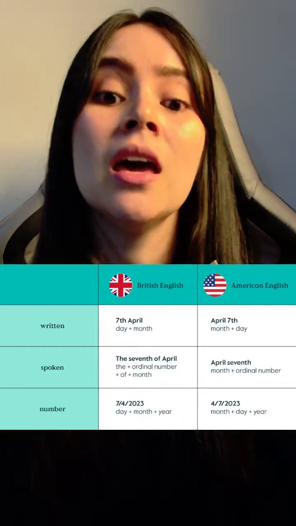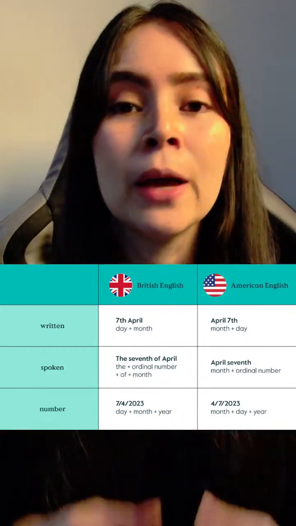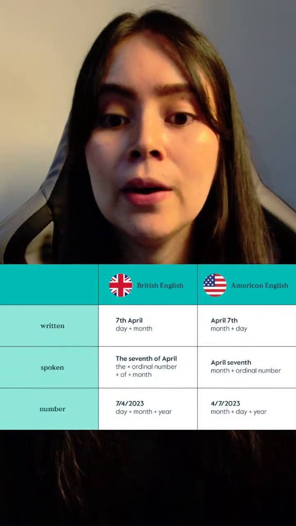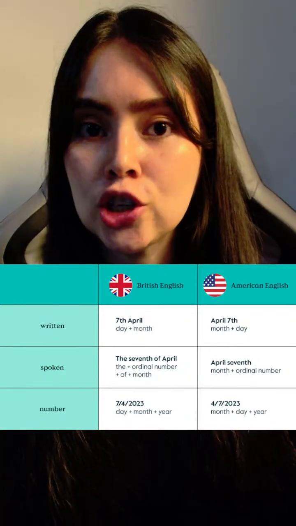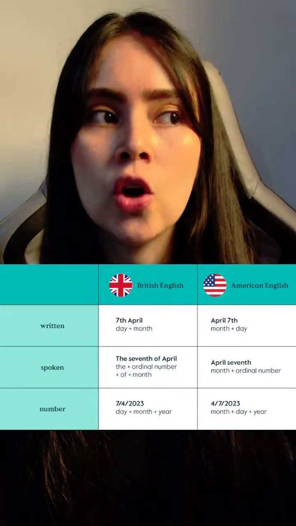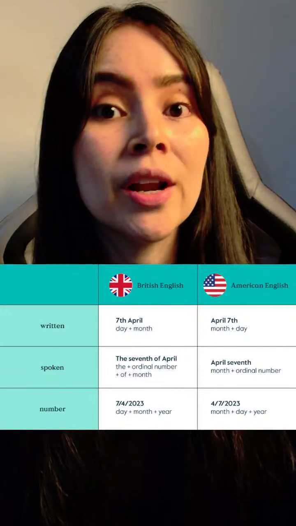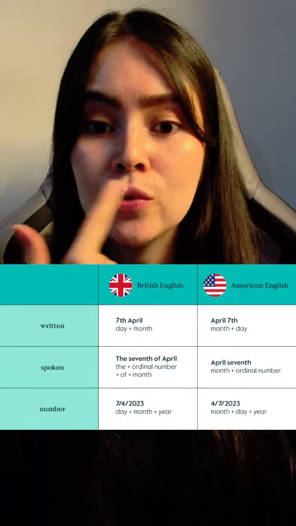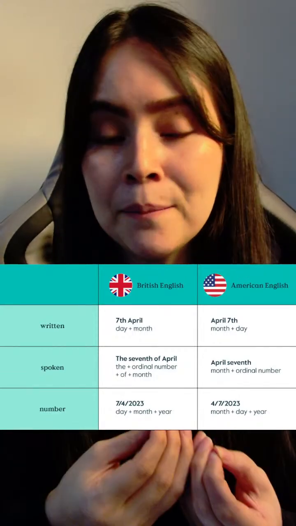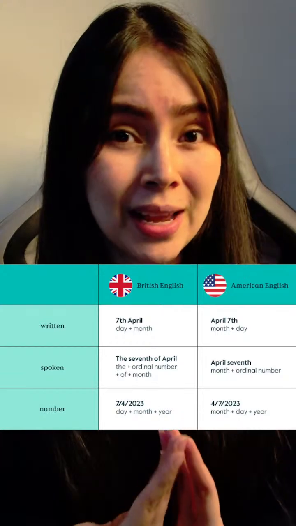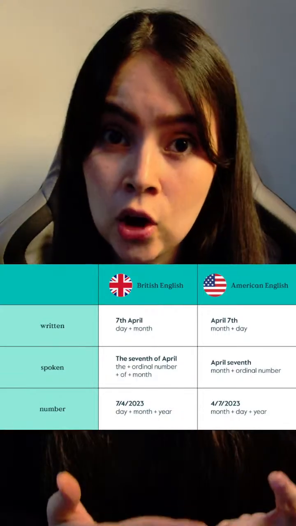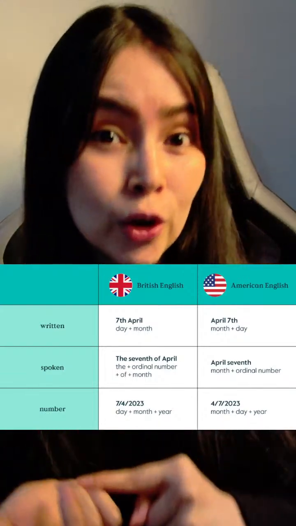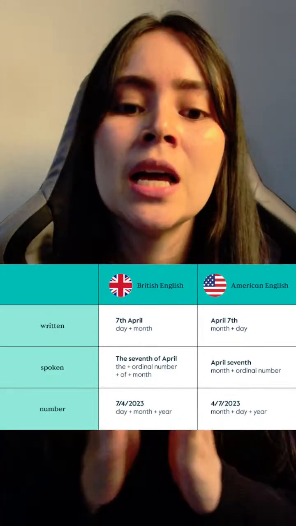Something important to know is that when we say dates, we use ordinal numbers. For example, the ones that finish with th. Second, first, fourth, seventh, and the pronunciation for these ordinal numbers is very important. 22nd, not 22, or 23rd, not 23, okay?